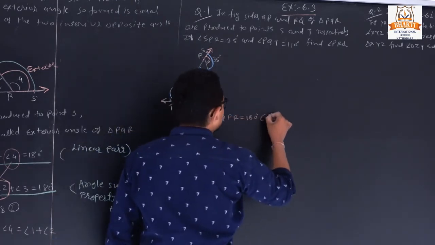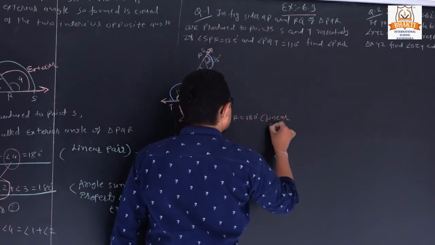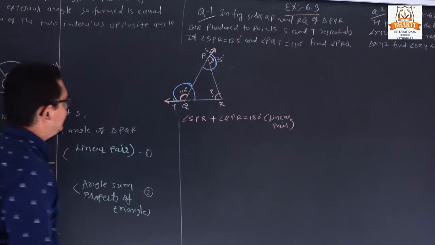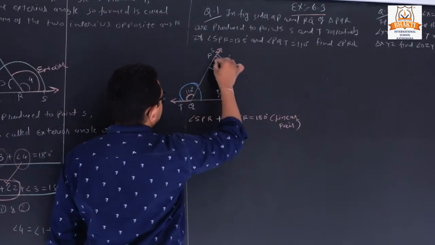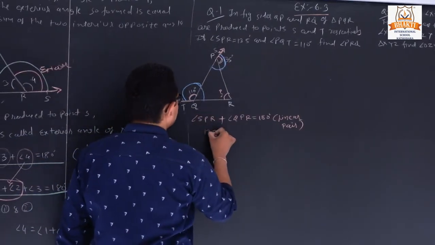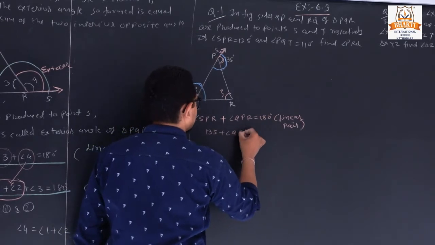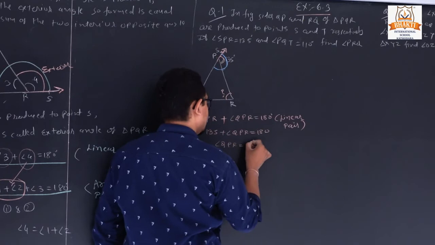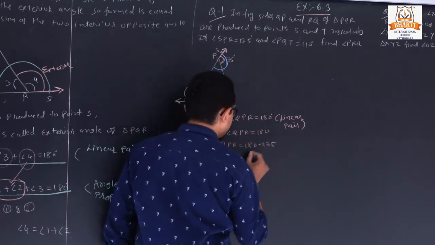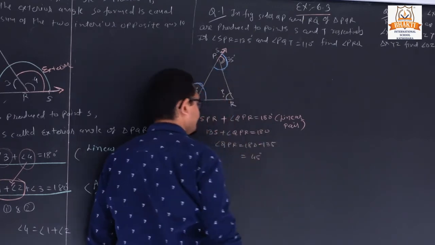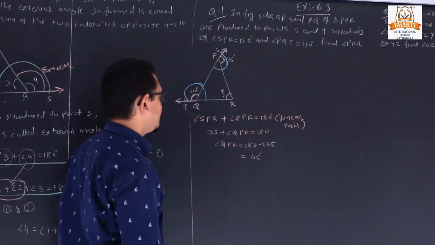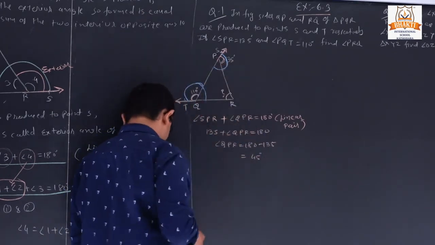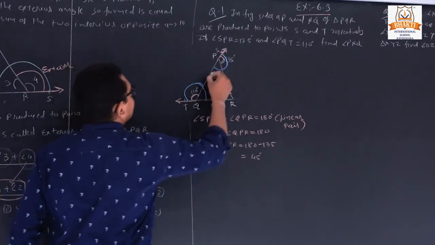In bracket, what we can write? Linear pair. Now next, SPR is given 135. So QPR is equal to 180 minus 135. So it is 45. Clear? So this angle is 45.